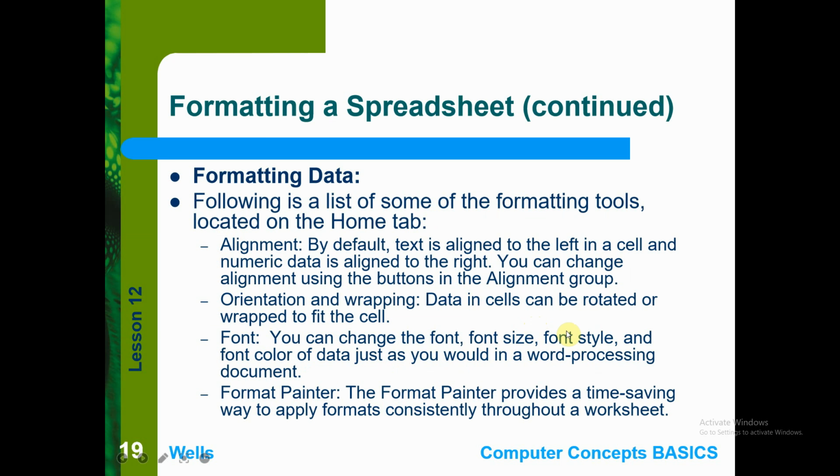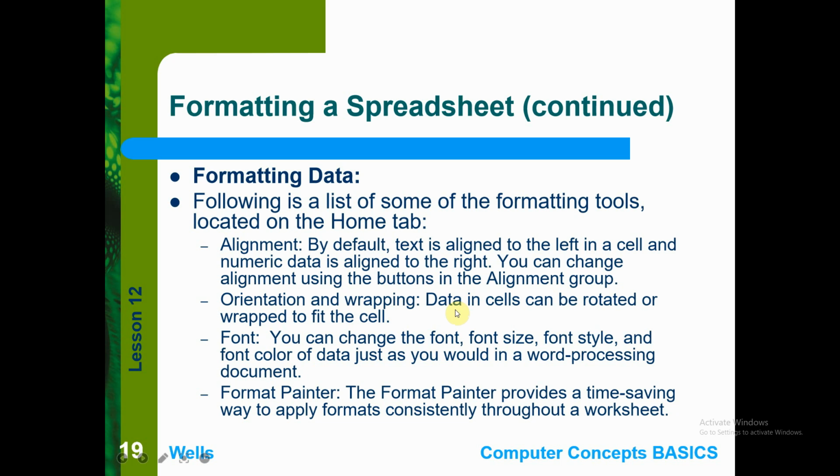Now for formatting data, the formatting functions are the same as in Word and in Excel. Alignment is the same, text is aligned to the left and numeric data is to the right. So you can change alignment using that group of alignment options. Then orientation and wrapping.